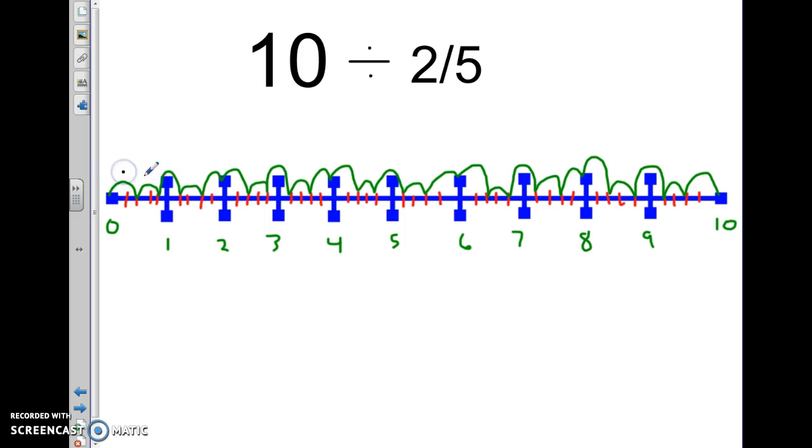We've got 1, 2, 3, 4, 5, 6, 7, 8, 9, 10, 11, 12, 13, 14, 15, 16, 17, 18, 19, 20, 21, 22, 23, 24, and 25. So, how many groups of 2/5 are there in 10? There are 25.